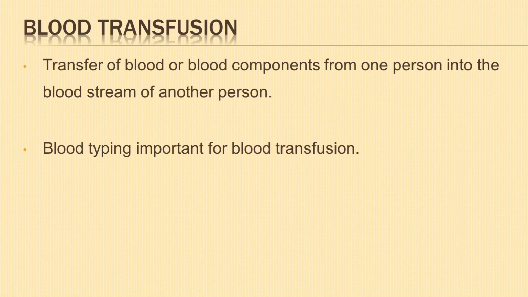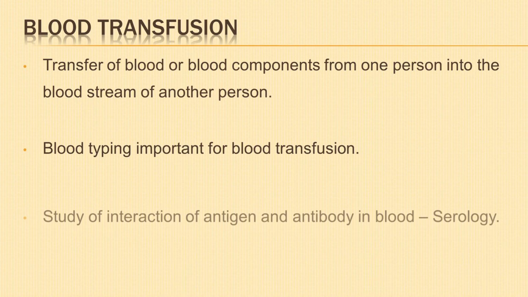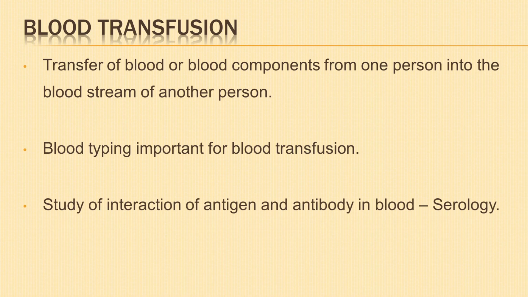Blood typing is particularly important for blood transfusion because certain antigens on blood cells can trigger a person's immune system to attack the donated blood. Study of interaction of antigen and antibody in blood is known as serology.